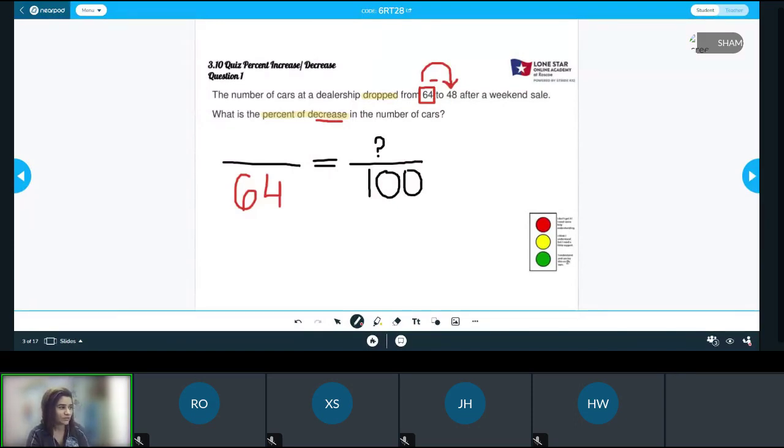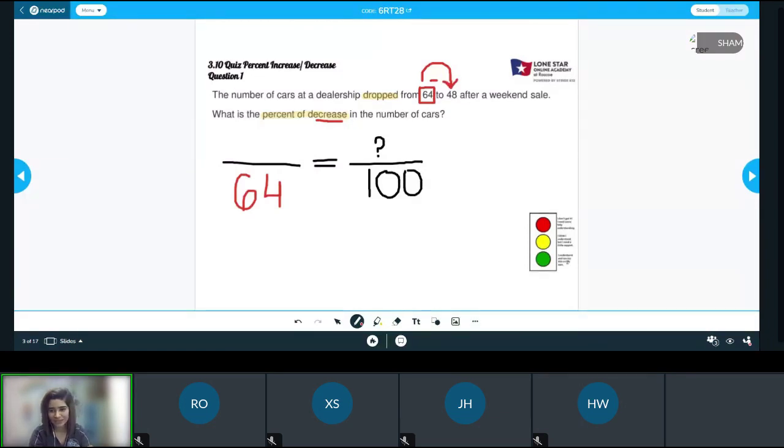So this is how you set up for a percent question, right? The original price goes here in the denominator, and the original price is 64, before the change happened. You also want to find how much the price dropped from 64 to 48. How much did the price drop?